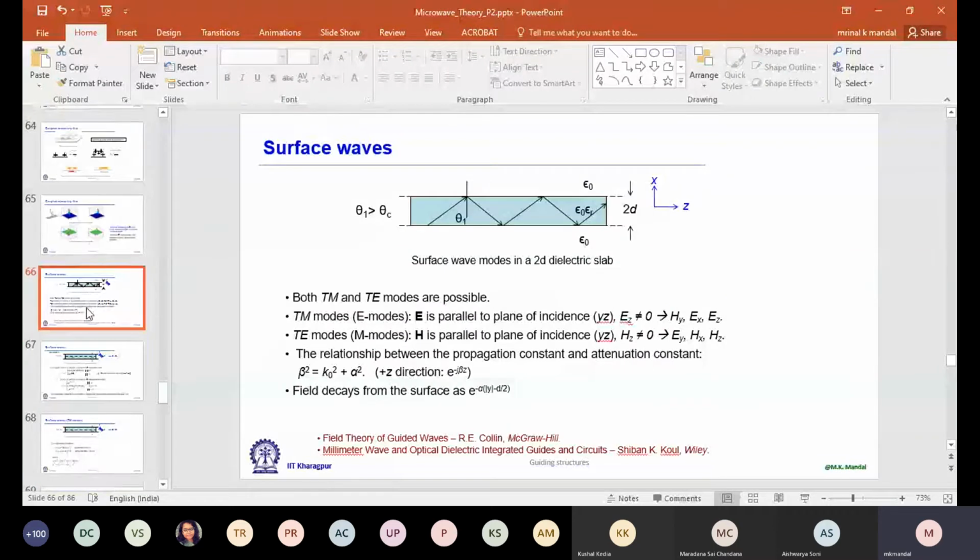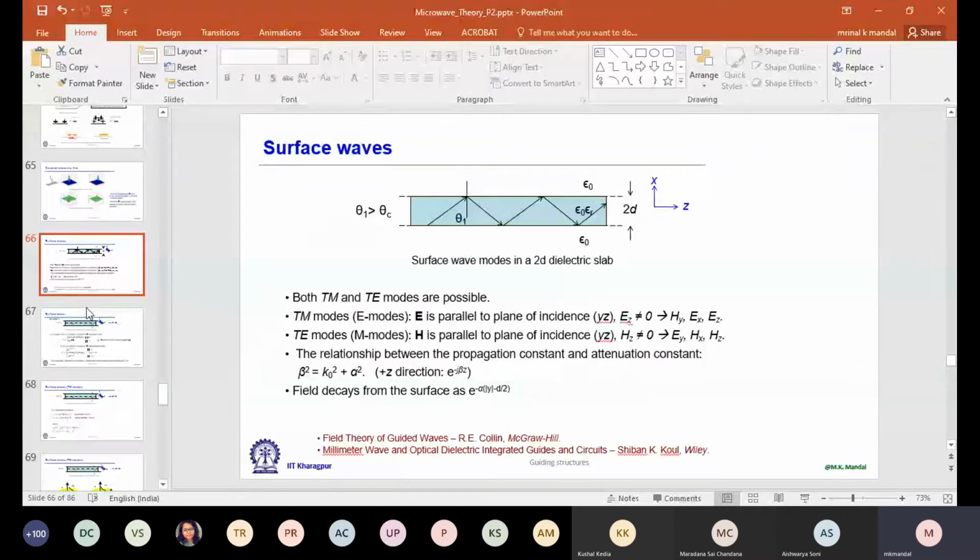Well, next we are going to start a new topic: the surface wave. Surface wave phenomena become more prominent at higher frequencies, particularly when the thickness of the substrate, represented by twice d here, is comparable or near to the guided wavelength, lambda g. To avoid surface wave, we use a thumb rule that twice d should be less than lambda g by 100.